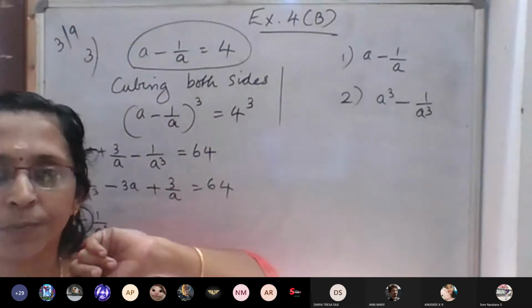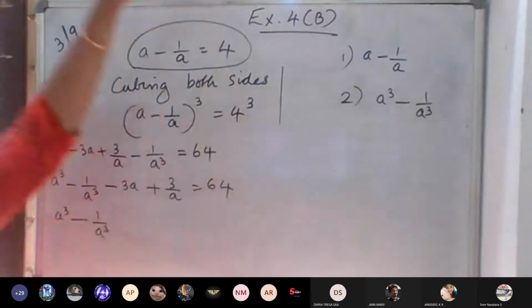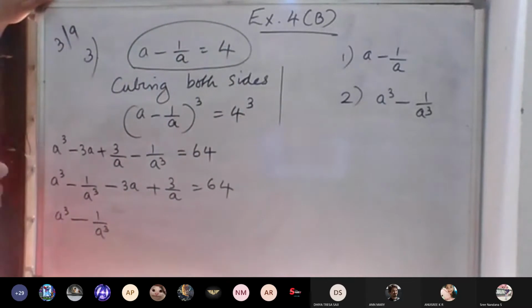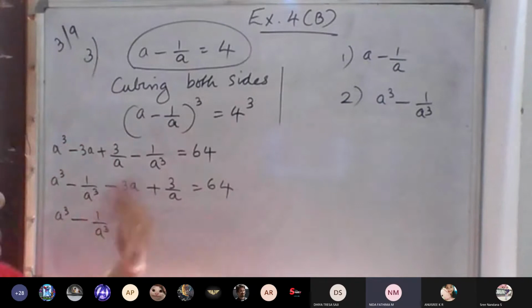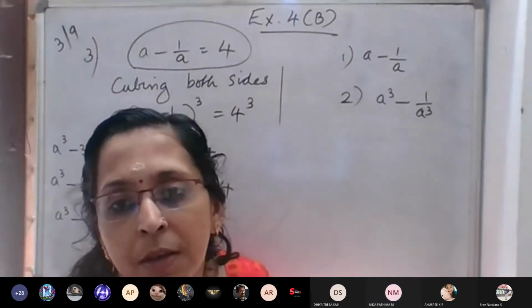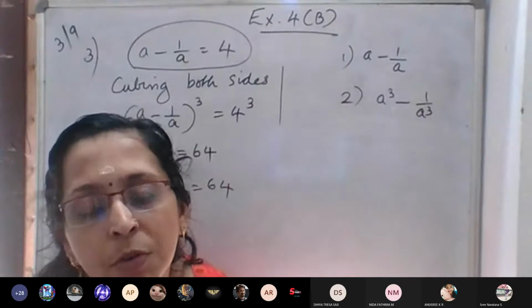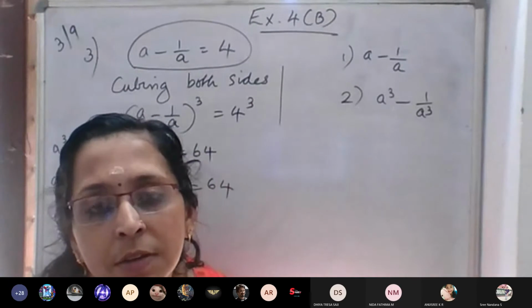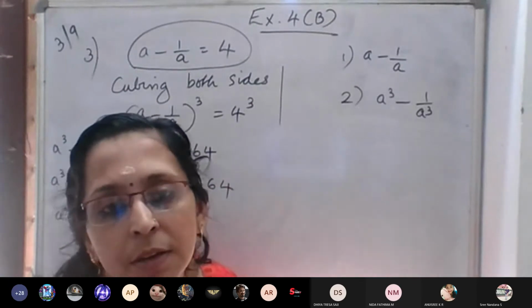Next step, we have to make it as A minus 1 by A. Why are we making it as A minus 1 by A instead of A plus 1 by A? We can make it as A plus 1 by A also, no? Why are we not doing that?